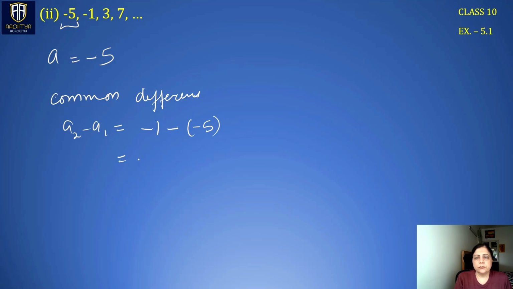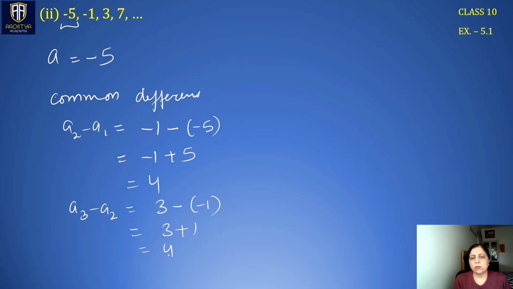So minus 1 plus 5 is 4. Perform one more difference. a3 minus a2 is 3 minus 1. So it is 3 plus 1, that is 4. So you can see the common difference between any two consecutive terms is 4. You can write first term is minus 5 and common difference is 4.